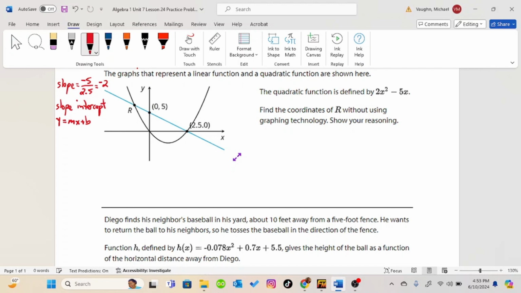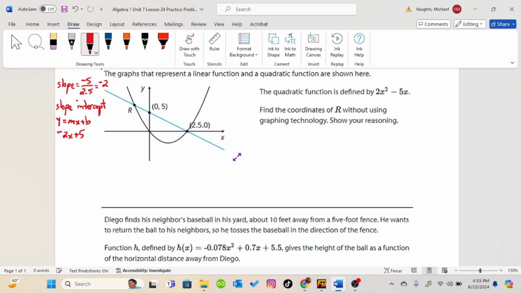So this would be a slope of 5 and a slope of negative 2 and a y-intercept of 5. So now I have an expression for the linear term and I have an expression for the quadratic graph.